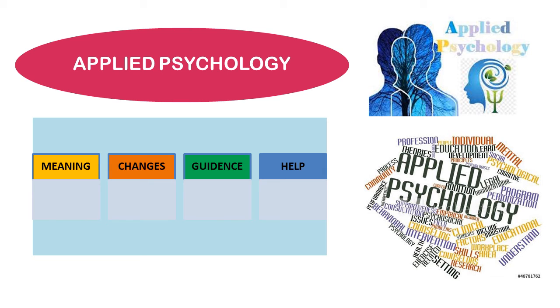So, all these examples deal with applying the information to make changes in the existing structure or condition and to solve the problem of the individual by helping individuals to adjust to their life.